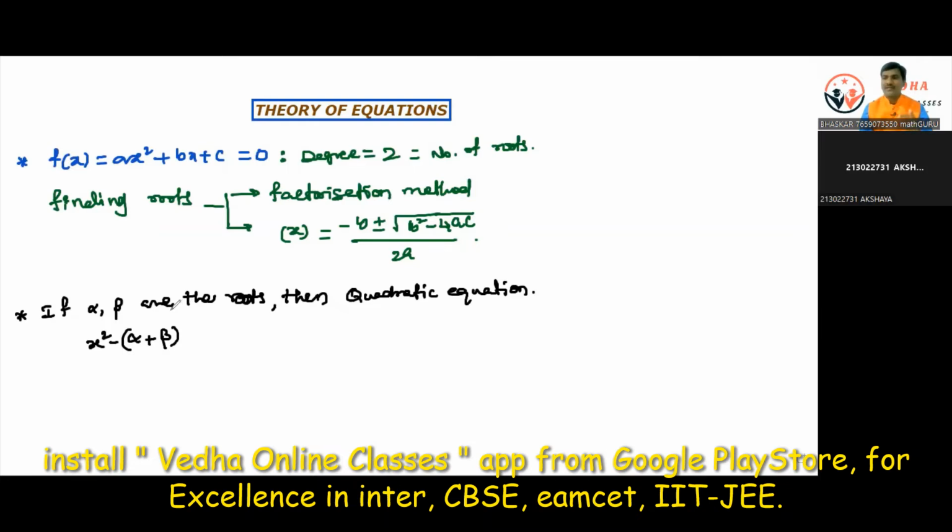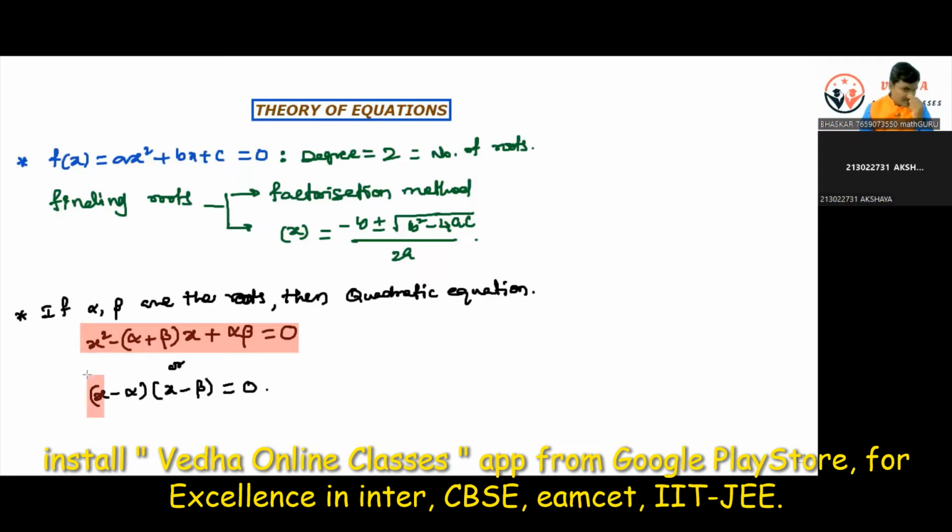Since we know alpha and beta values, we can substitute them here. This is the formula we use when we know the 2 roots. Otherwise we can also use x minus alpha into x minus beta is equal to 0. This is also another form for finding the quadratic equation when we know the two roots.